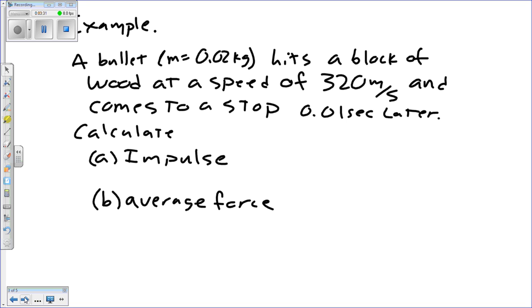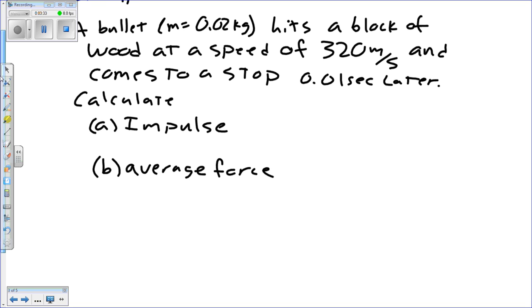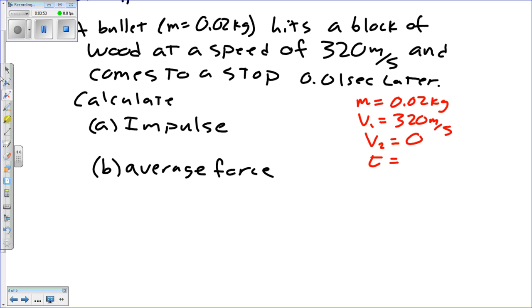Now, let's just take this one step at a time. Maybe write down what we know. Mass is 0.02 kilograms. V1 is 320 meters per second. V2, as you hopefully are aware, is 0. Time is 0.01 seconds.